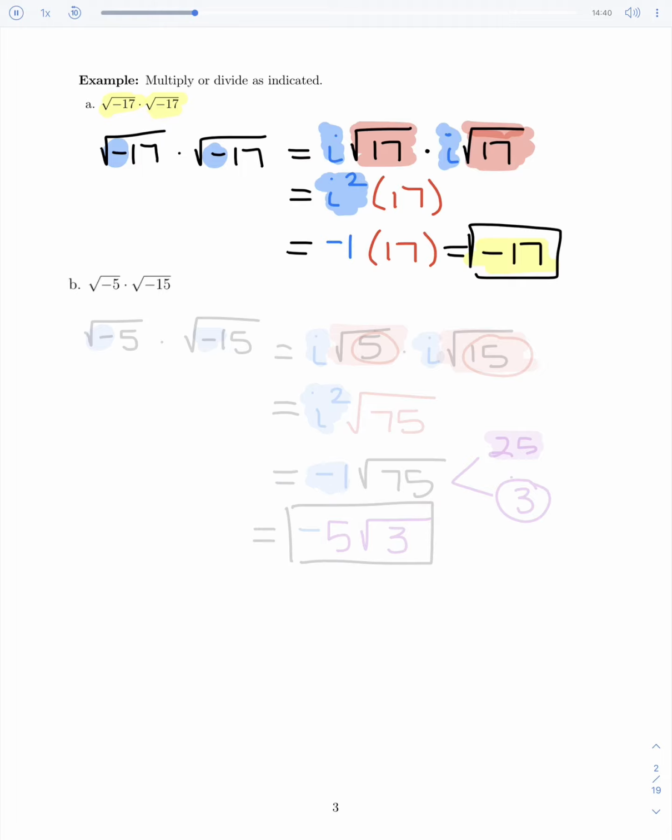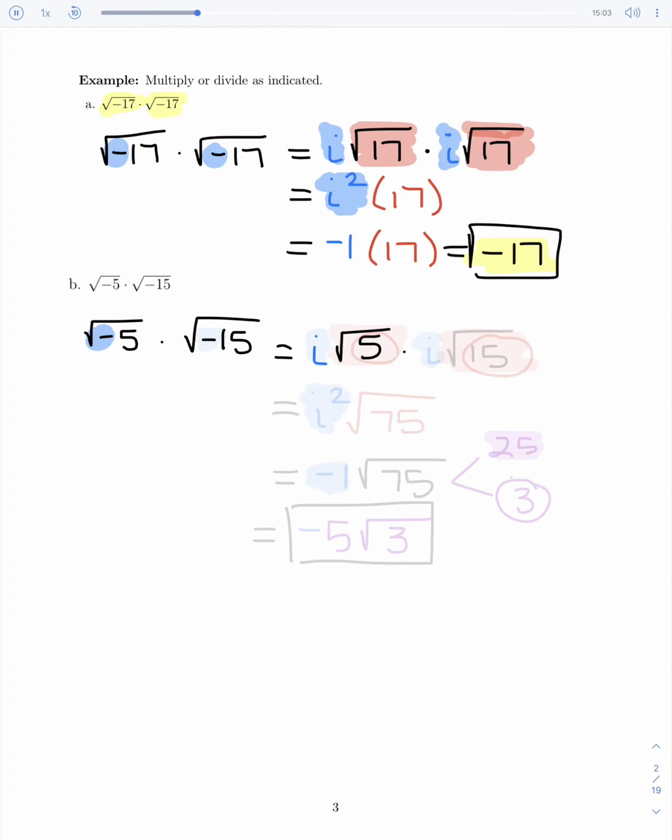Now let's take a look at B. In problem B, we have the square root of negative 5 times the square root of negative 15. Again, we'll start off the same way by taking the negative out of the first square root. That'll come out as an i. We cannot take the square root of the 5, so it will stay inside.